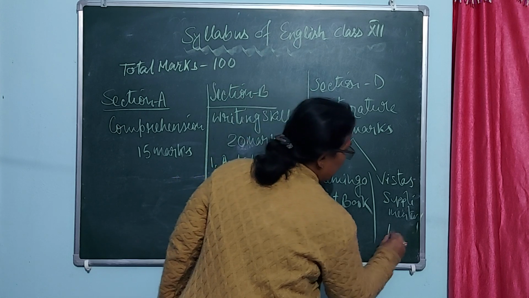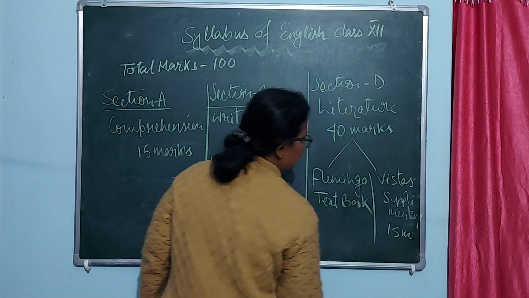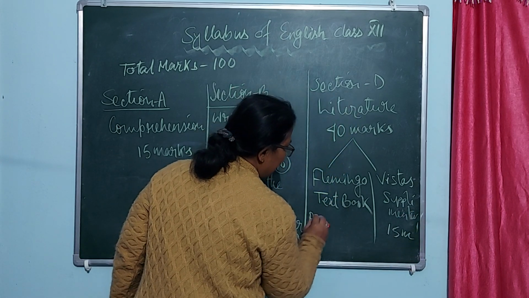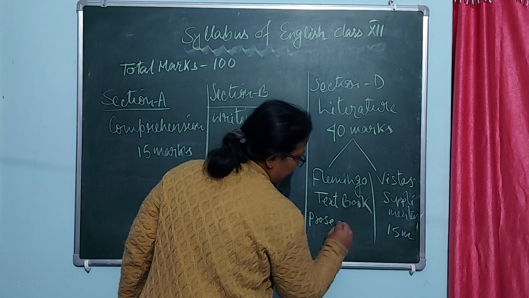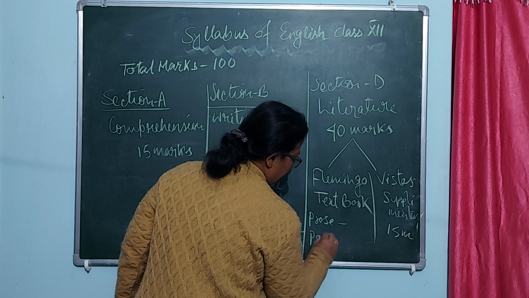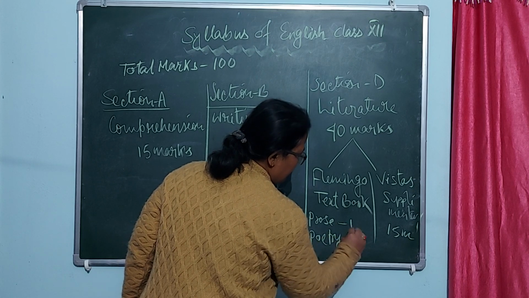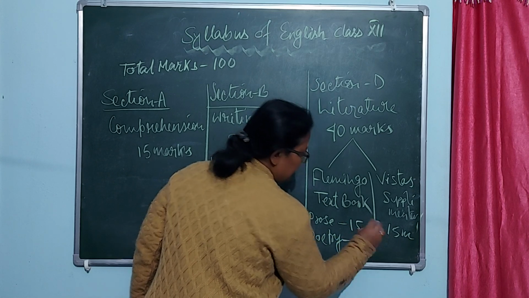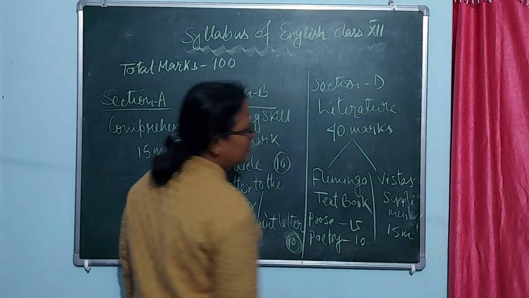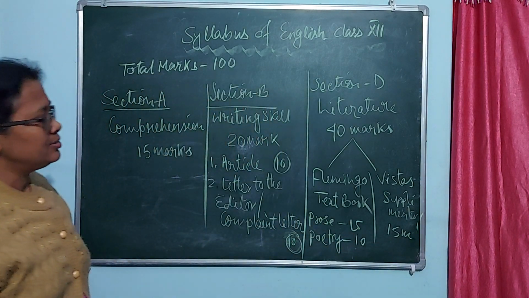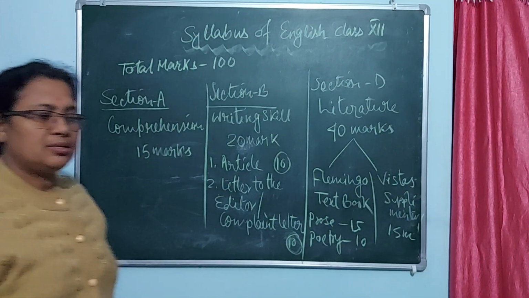Division: supplementary 15 marks, and in Flamingo we have prose and poetry, 15 plus 10. So 15 plus 10, 25, plus 15 equals 40 marks. We have literature 40 marks.